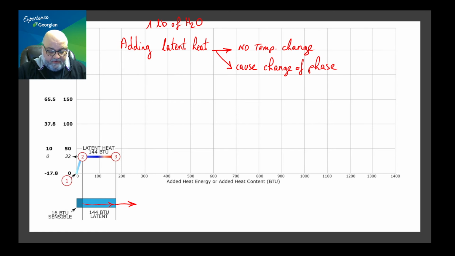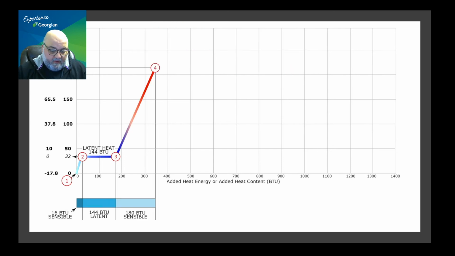What will happen to it when I keep adding heat? That's an important question. You can pause the video and think about it. I'm going to move to the next phase here. What will happen is, while we add that heat, temperature will rise.